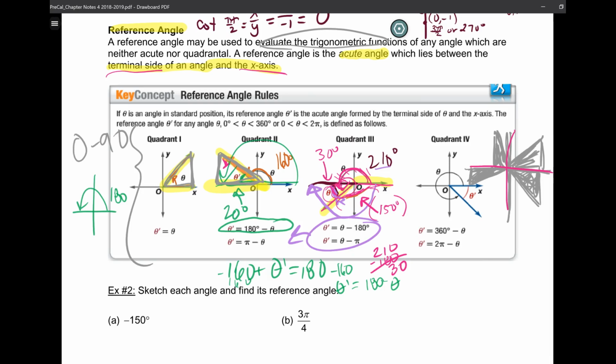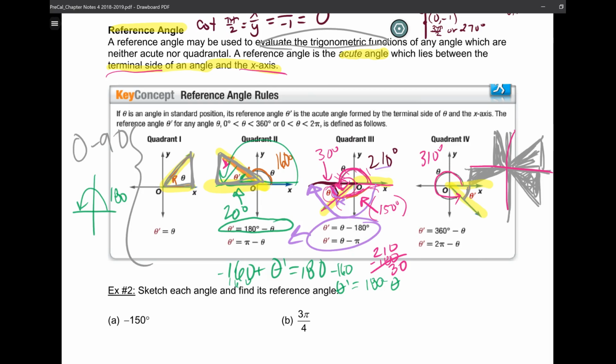And lastly, if we're in quadrant 4, here's my initial side, here's my terminal side. Let's follow this all the way around. So I know that this is about 310 degrees. What would this angle be right here? Well, this is the angle literally between terminal and initial if I went negative. Instead of positive 310, if I had done the negative co-terminal angle, that would literally be what it is.